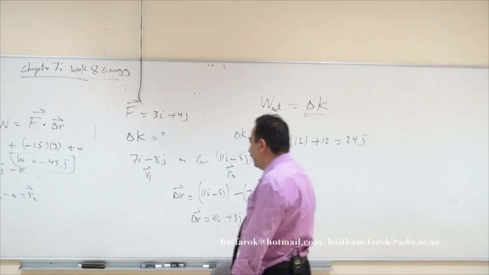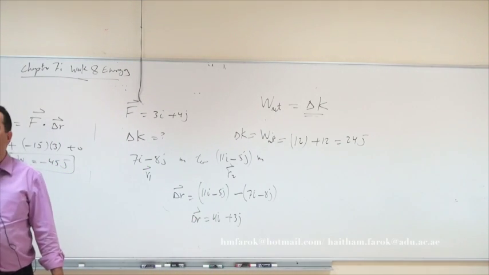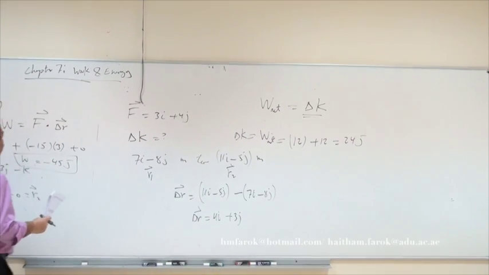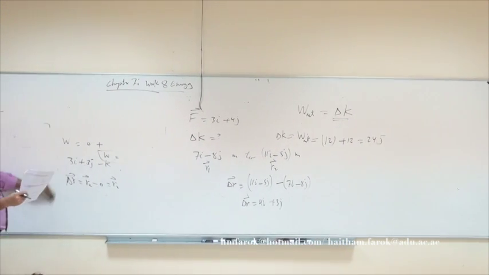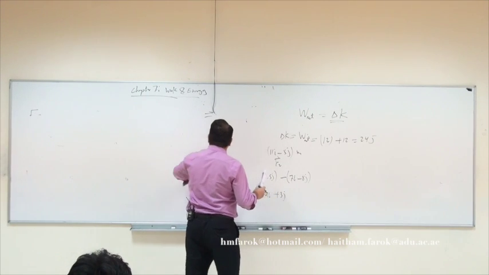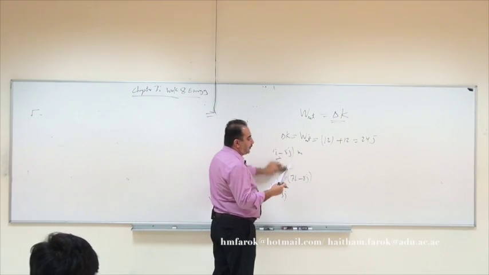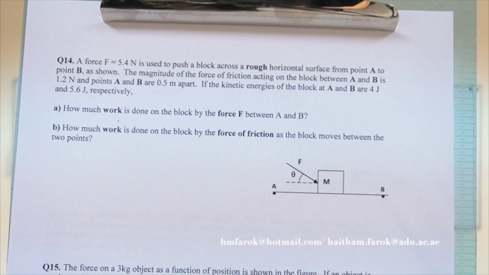Right. Now we take a new approach to solve the problems. Question 14. A force of 5.4 Newton is used to push a block across a rough horizontal surface. Rough means there's friction.